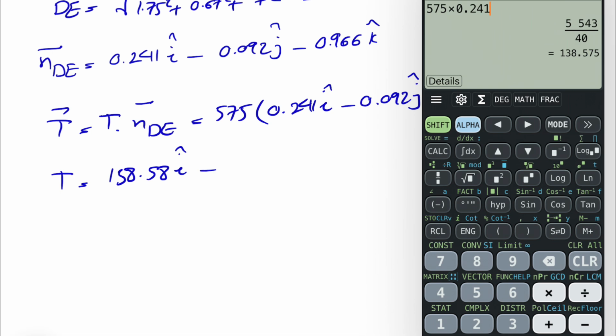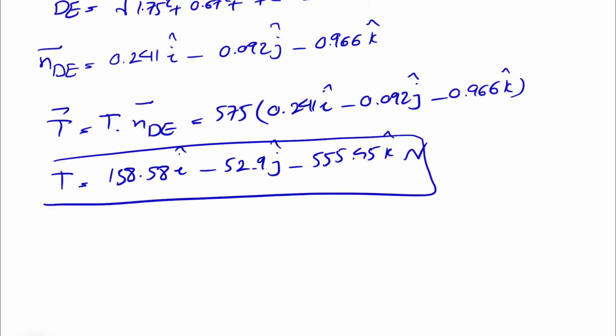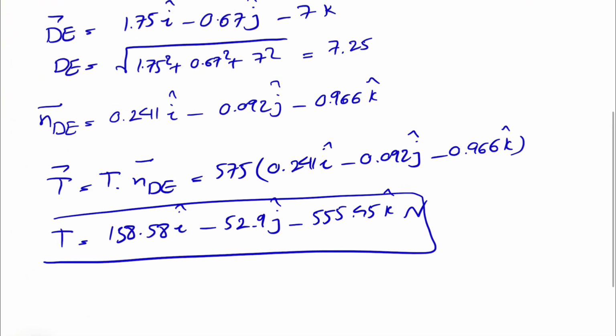That's going to be our I, minus 575 times 0.092, so minus 52.9 J, and 0.966 times 575, which is going to be minus 555.45 K. So that was the hardest part of this question.